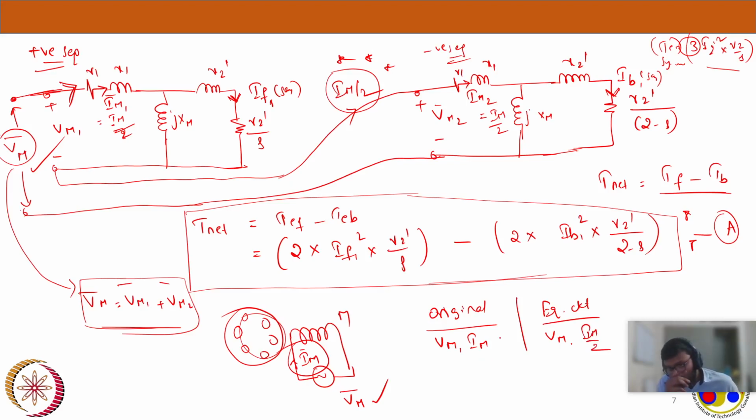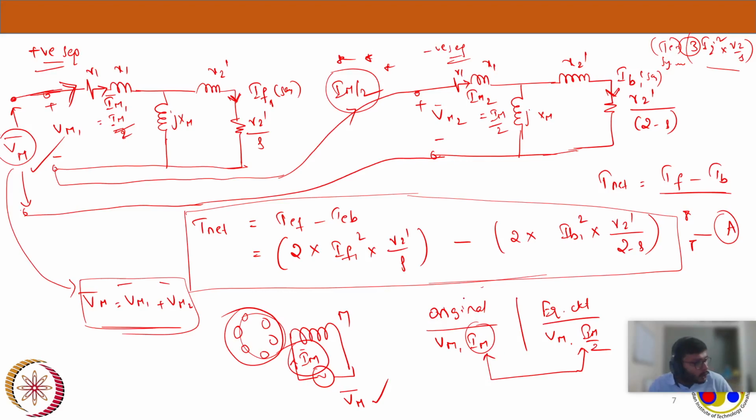Now both should match. The equivalent circuit should be an exact replica of my single phase induction machine. Now what can be done? How can we change this IM by 2 as IM?